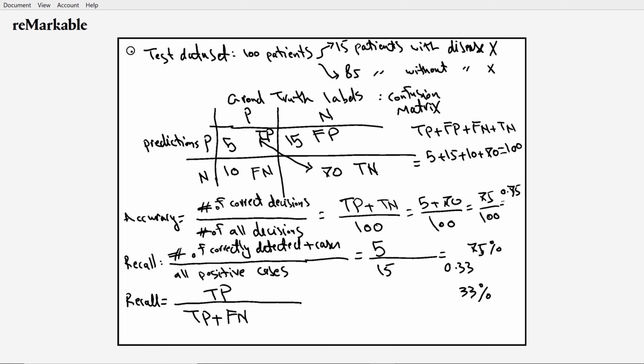So if you think about it, my model can play another trick. So in recall, the focus was on positive cases. And the question we answered was how many of those positive cases did our model detect? Now, one thing our model can do is predict every single patient as positive.